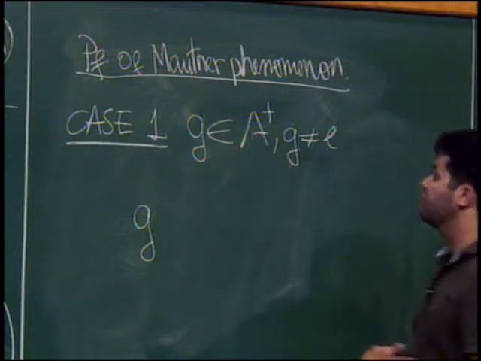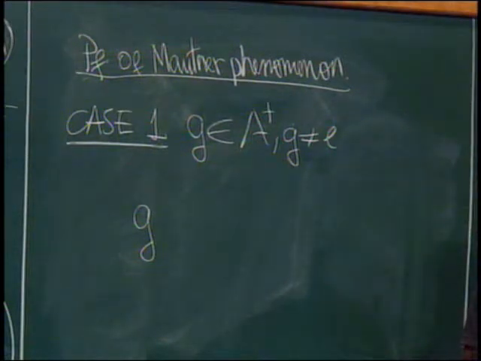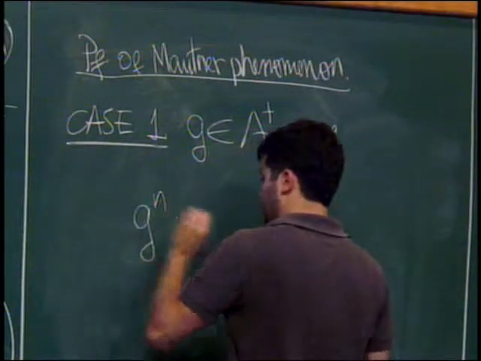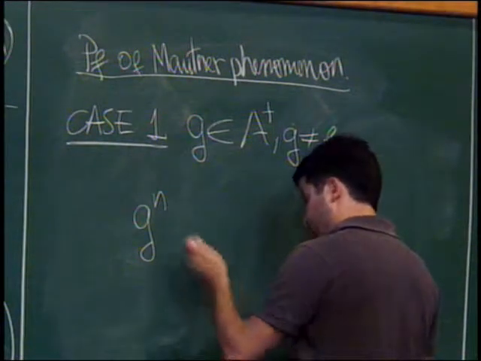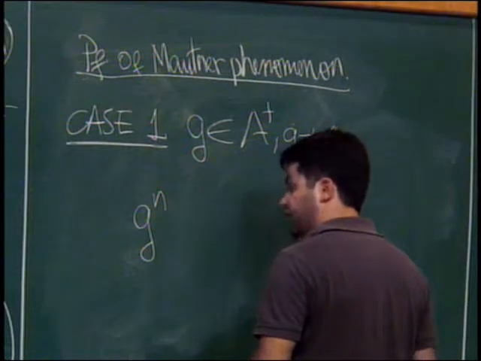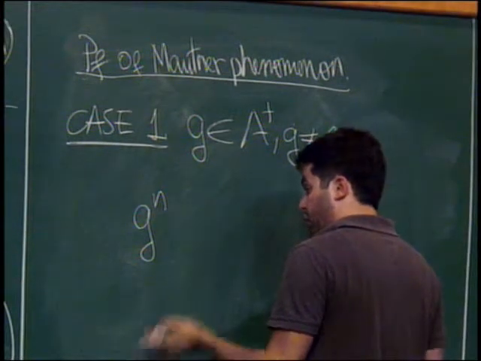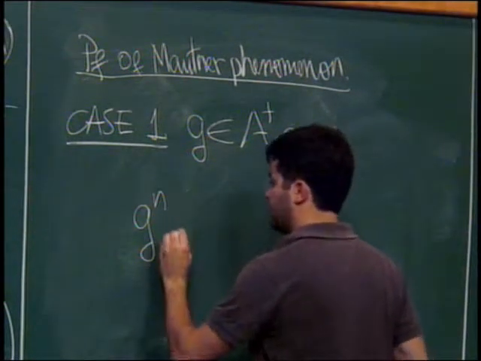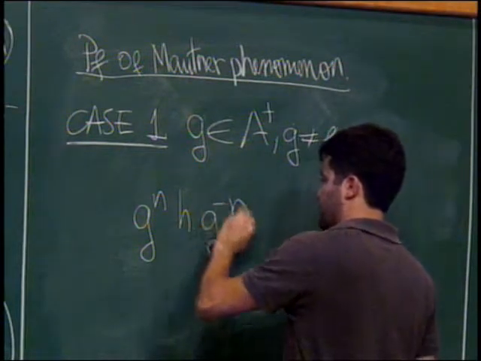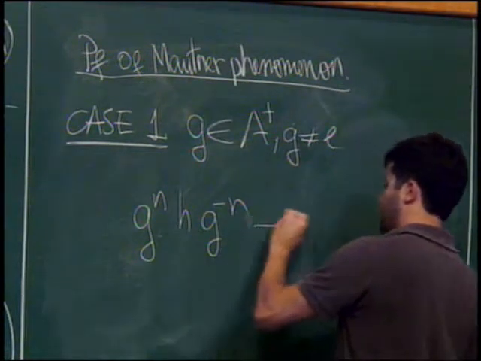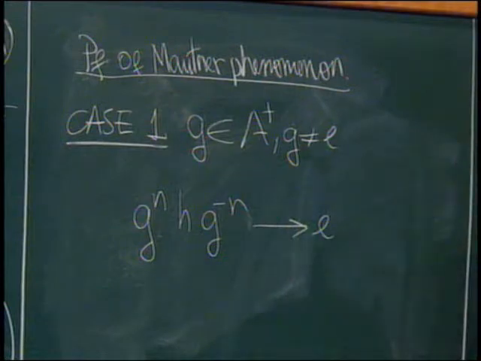So assume that g belongs to A plus, that subgroup that we defined in the beginning. So the translation in mathematical terms of the fact that g renormalizes the horocycle flow is the following: g to the n, h, g to the minus n converges to the identity in SL2R.